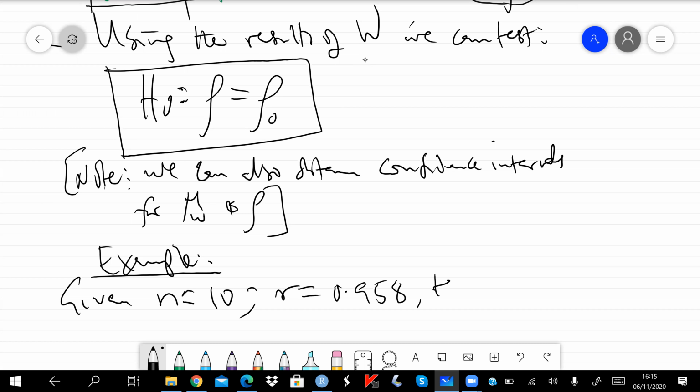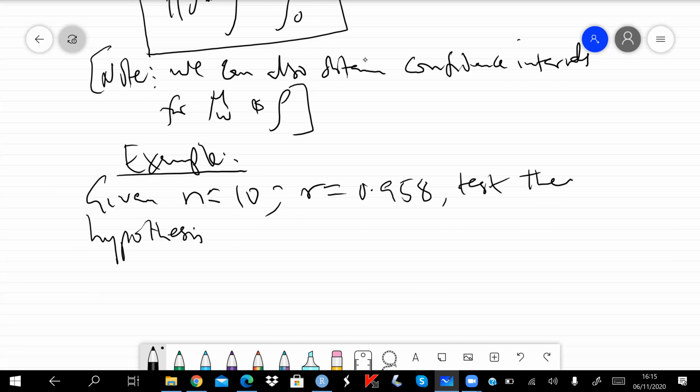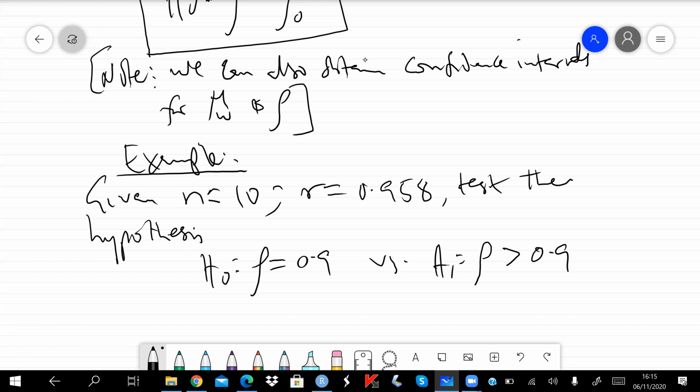You are told to test the hypothesis H naught, that rho is 0.9, versus H1, that rho is bigger than 0.9.